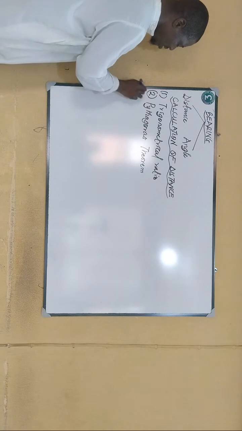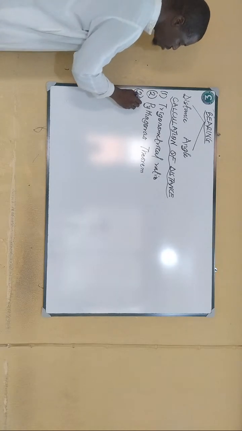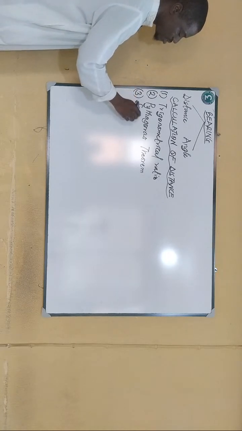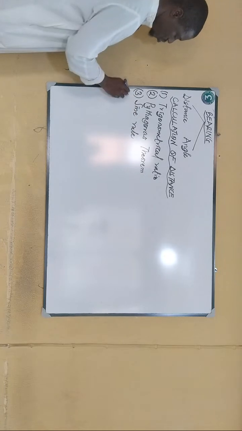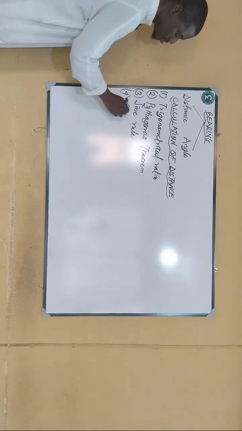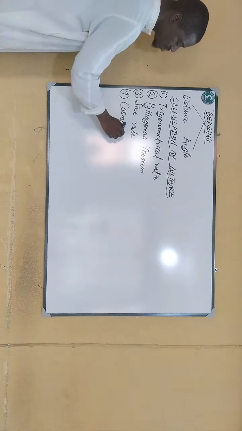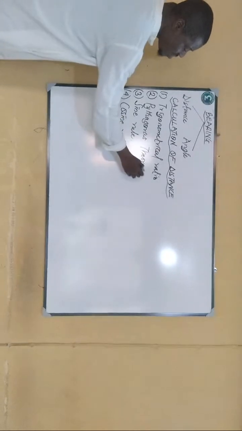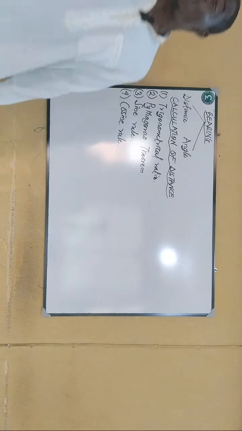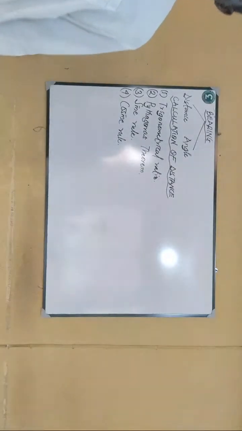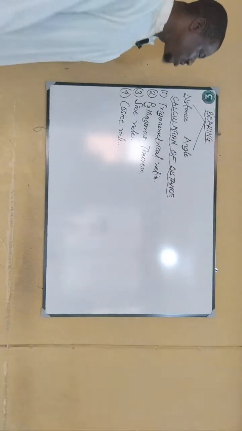Number three is what we call sine rule. Number four is cosine rule.